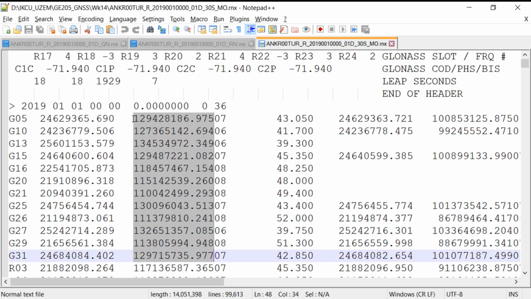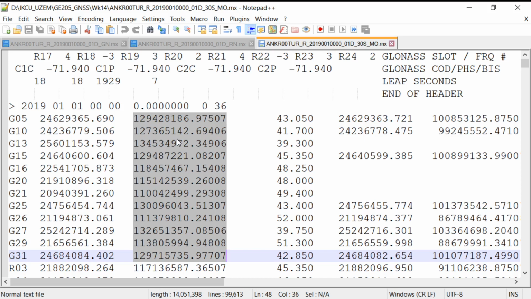And the second information here, as you see, for the 12 GPS satellites is the phase observation. So these numbers are initial numbers. These denote nothing. These are the so-called start numbers. They mean nothing for the time being.